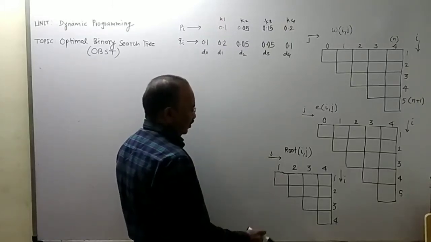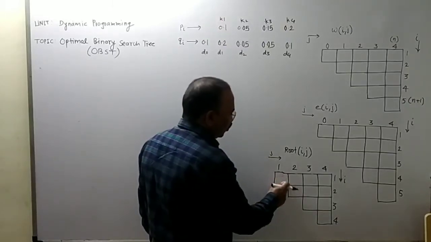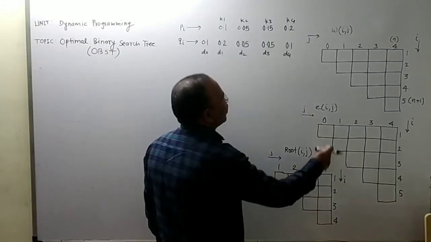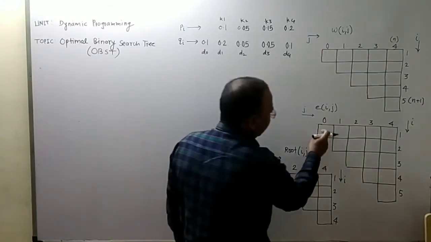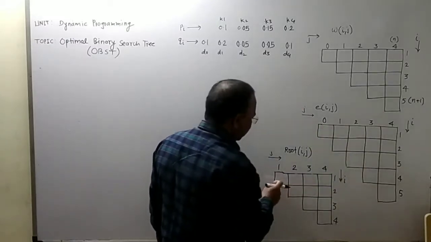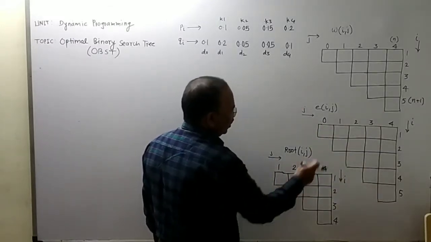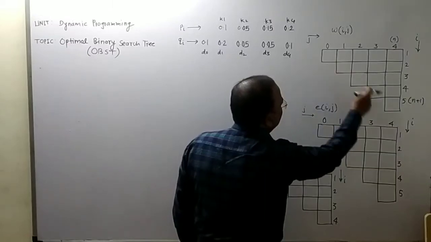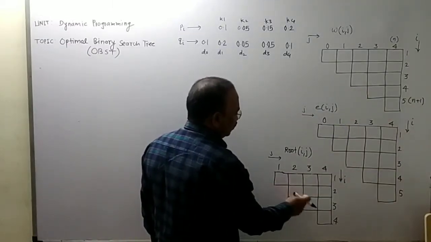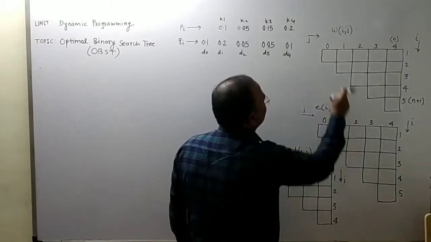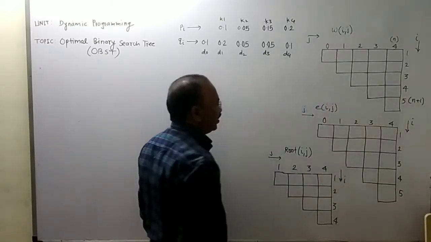Here the structure of the root table is the same as that of W table and E table, except the bigger diagonal is removed in the root table. If you see, this diagonal is removed in the root table, and the rest of the diagonals are the same as that of W table and E table.